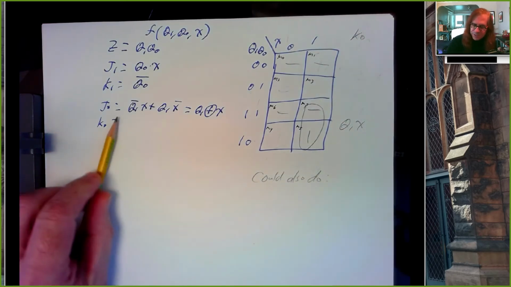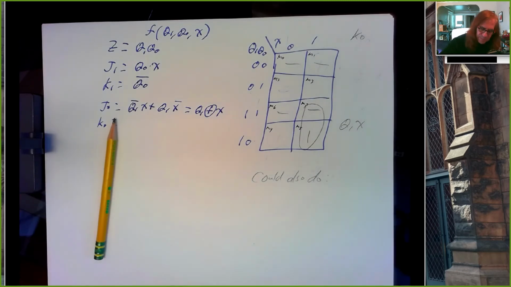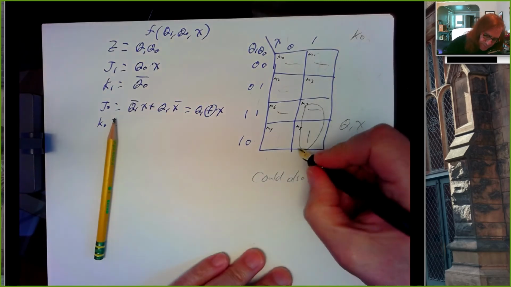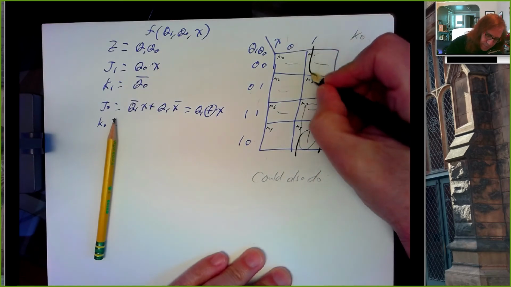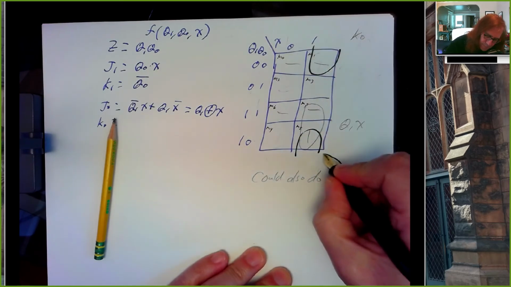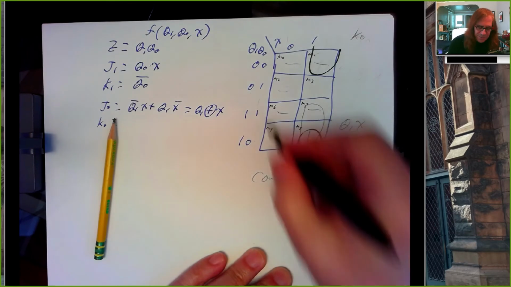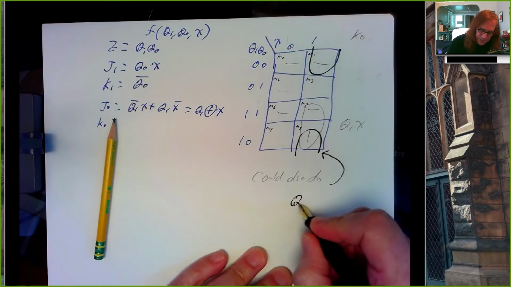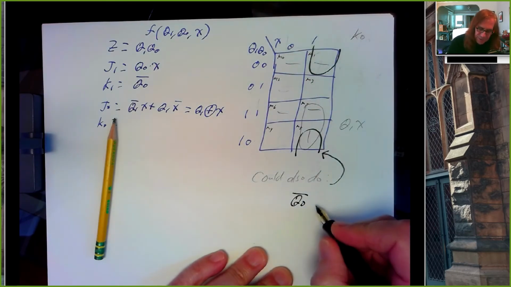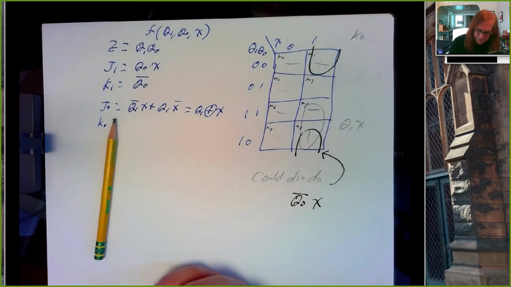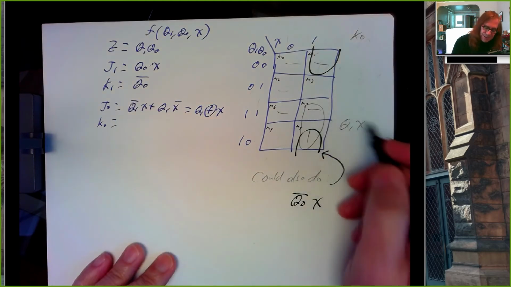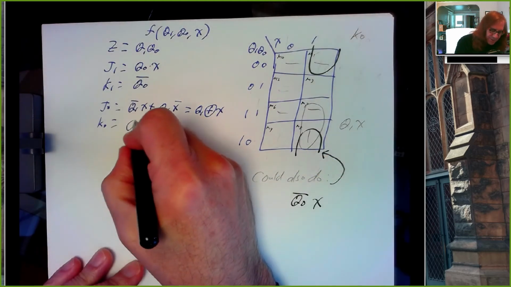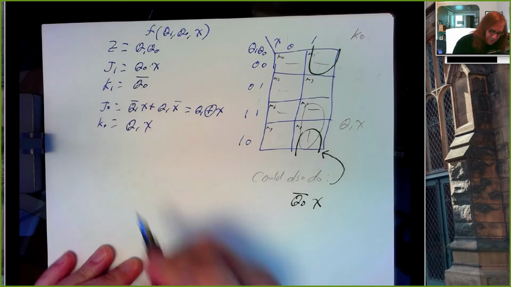But you could also do this one, and that would look like Q0 bar and X. So either one of those, but we don't need to do both. So I'll just go with the original one here and just say Q0 equals Q1X.